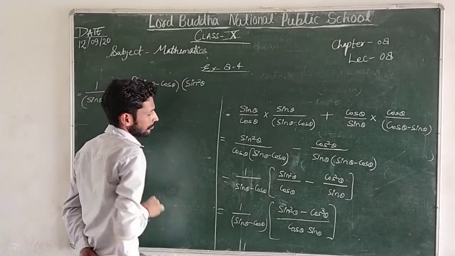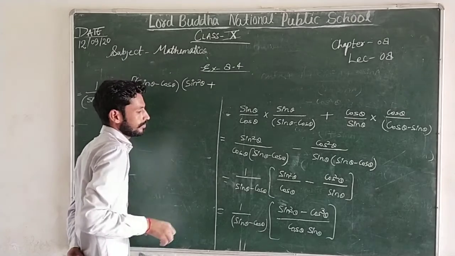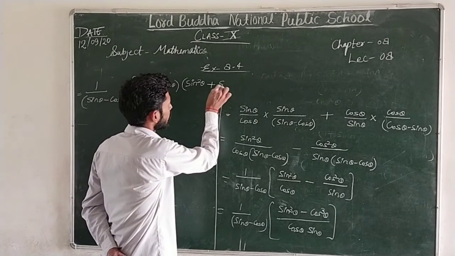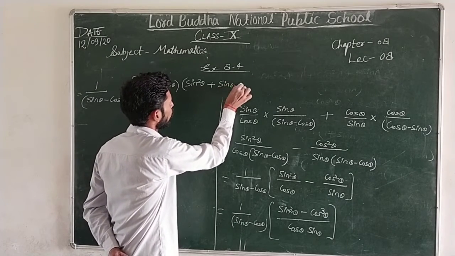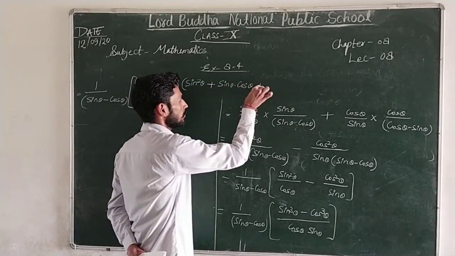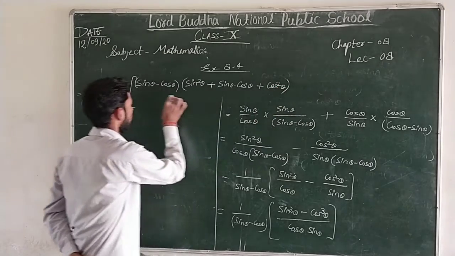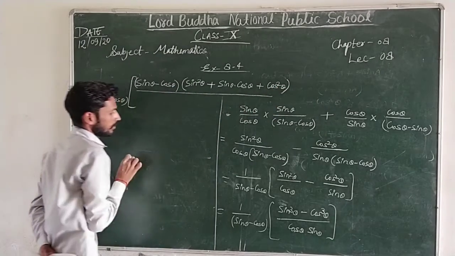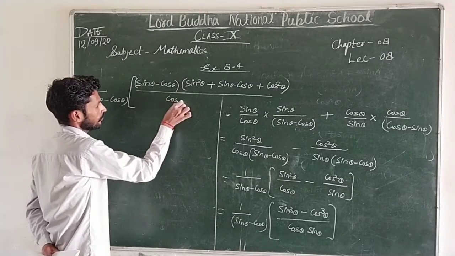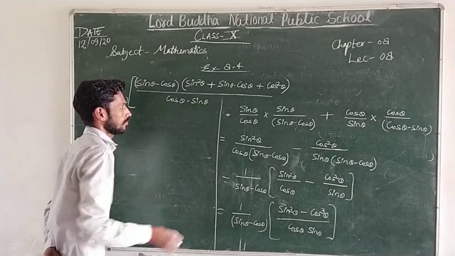and in the next bracket we can write it as sin square theta plus sin theta into cos theta, and plus there will be cos square theta, and whole upon cos theta into sin theta.